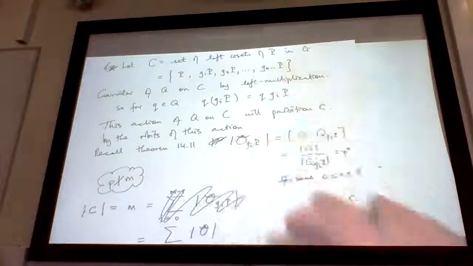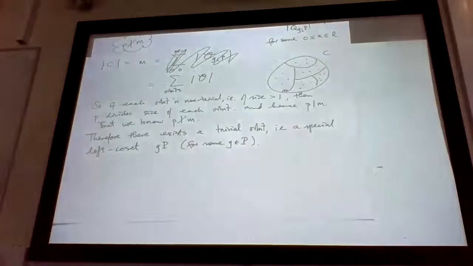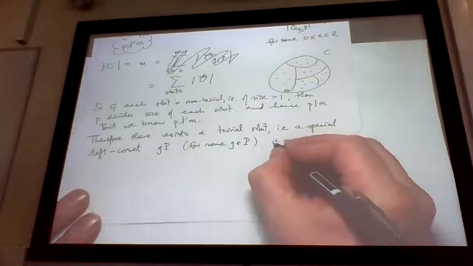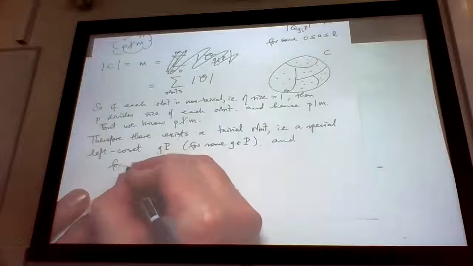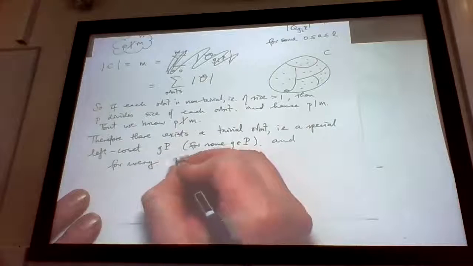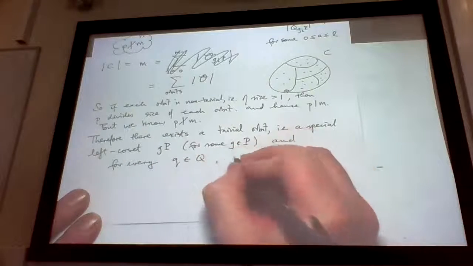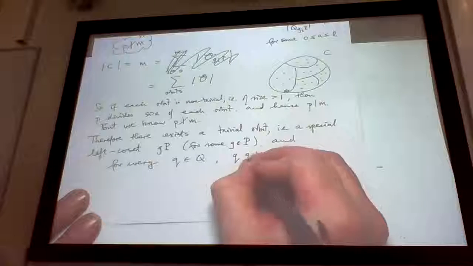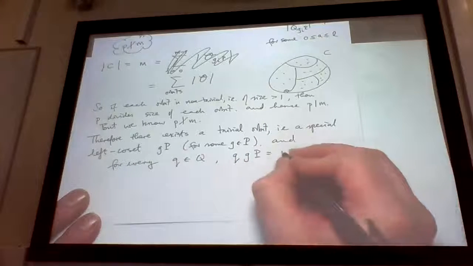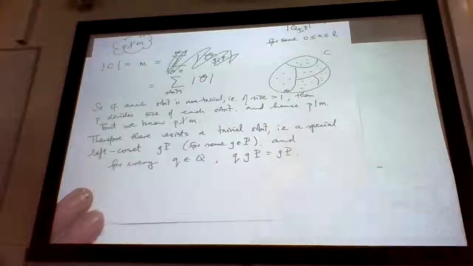The indexing was just important, and I just wanted to talk about how many of them there are. The left coset, under the action by left multiplication by Q, its orbit just consists of itself. For every q within Q, q times gP equals gP.